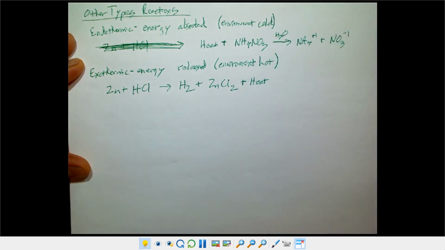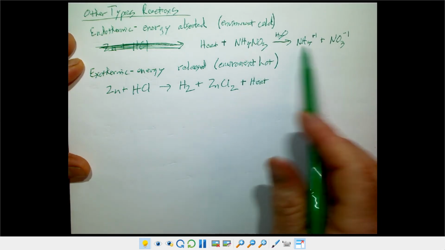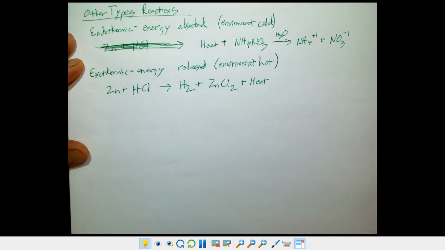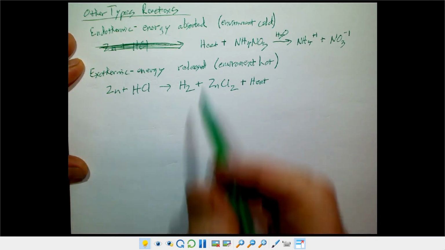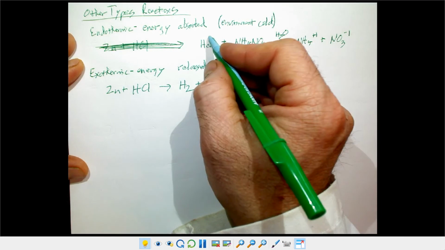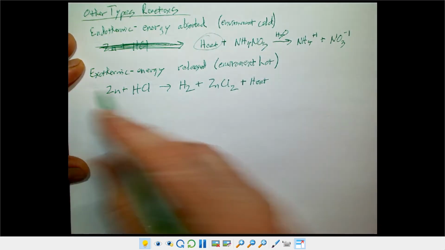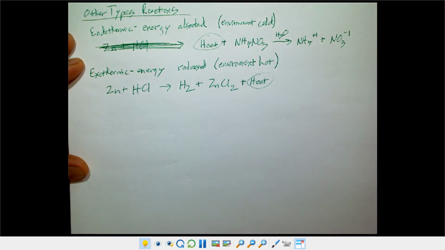And in that process, this is really like a decomposition reaction, except you have heat that actually is absorbed to get this reaction to go, and the environment actually feels cold in that process. So that's an endothermic reaction. You would simply just look to see where the word heat appears. If it's in the reactants, endothermic. If heat is in the products, it's exothermic.